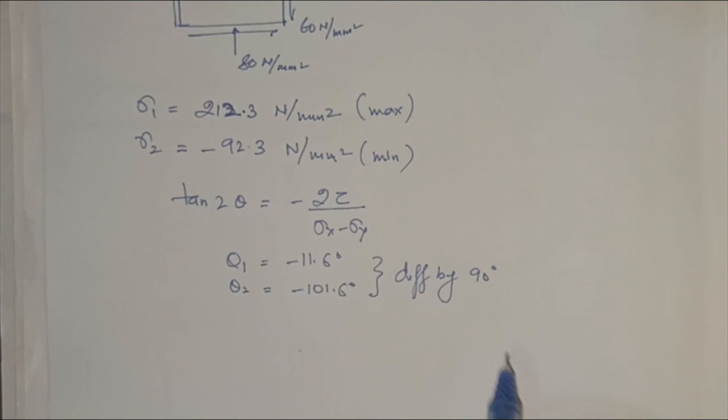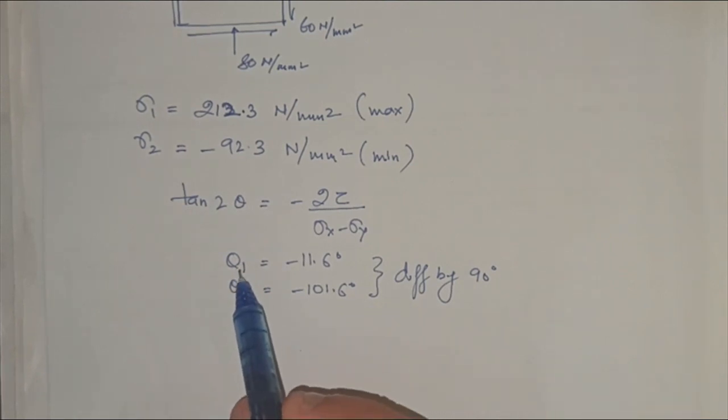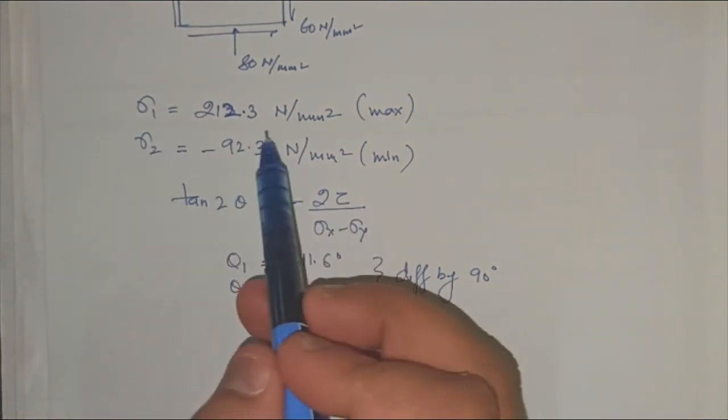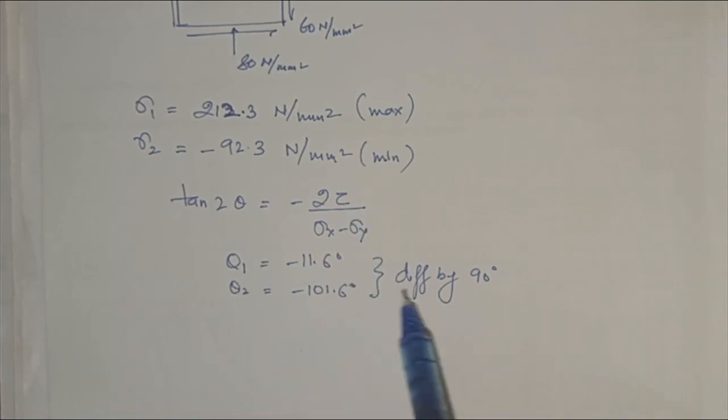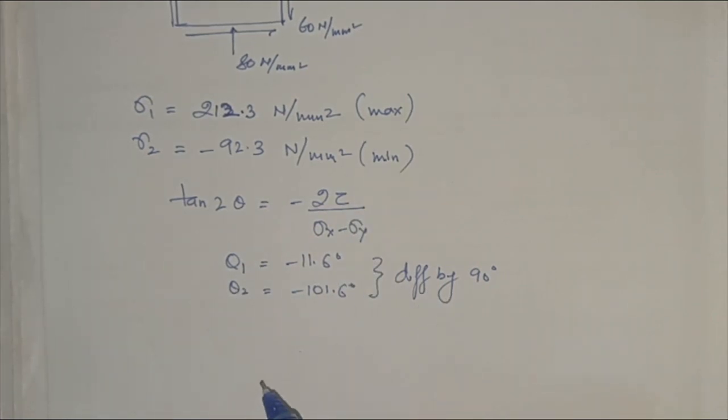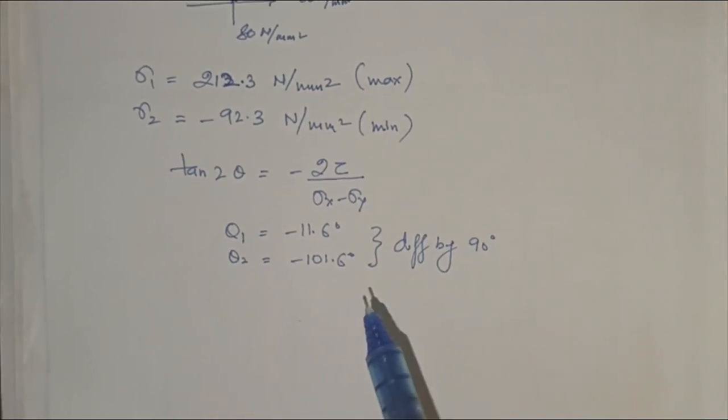That means the orientations of the two planes, of the maximum principal stress and the minimum principal stress, differ by 90 degrees. I'll also show you the graphical way of putting these stresses together.